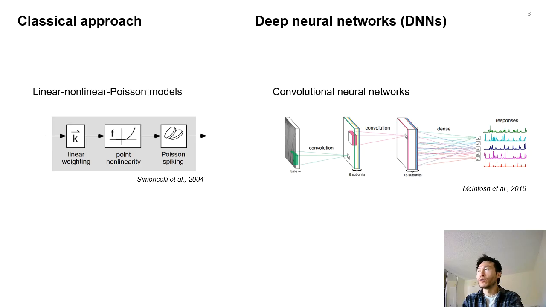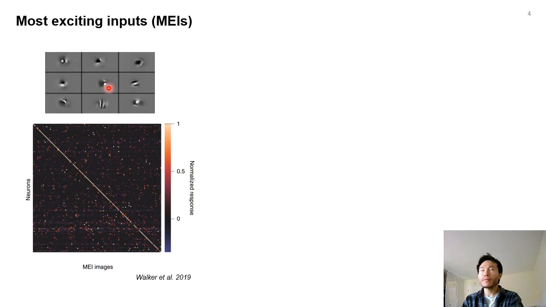And the output is the responses. After training this network, you can perform in silico experiments. It has been shown that these models can generate specific stimuli to identify novel neuronal properties from a high-dimensional space.